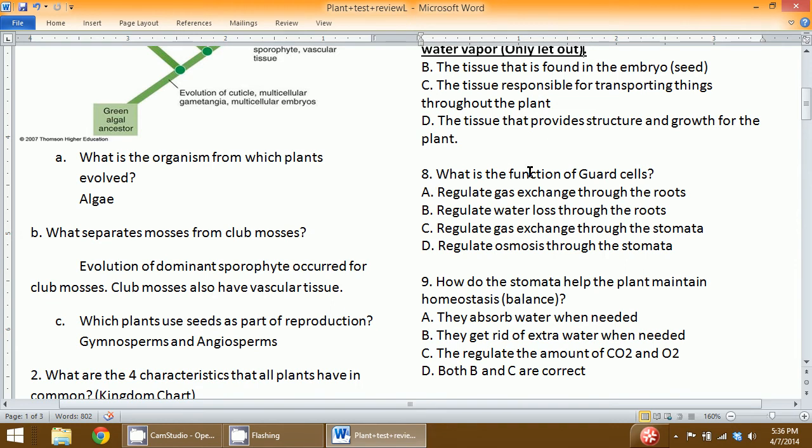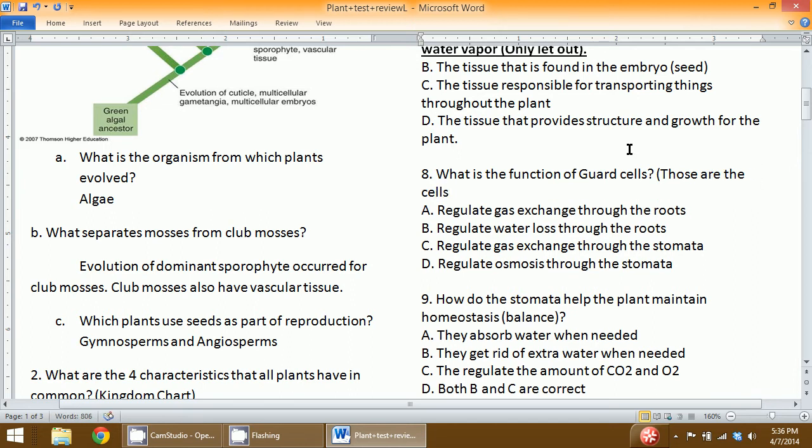All right, what is the function of guard cells? Well, if you don't know what they are, those are the cells that form the stomata. They open and close.